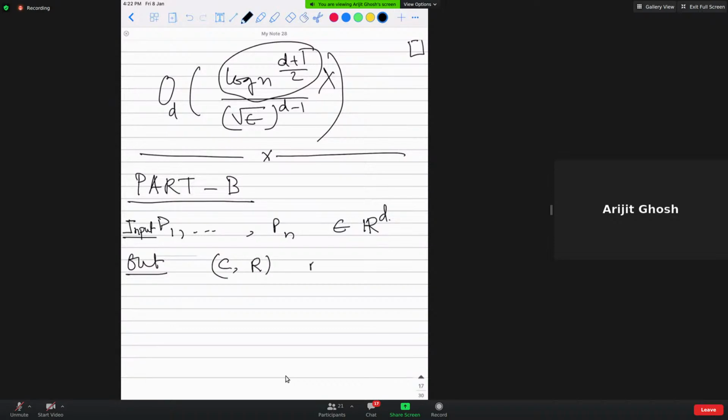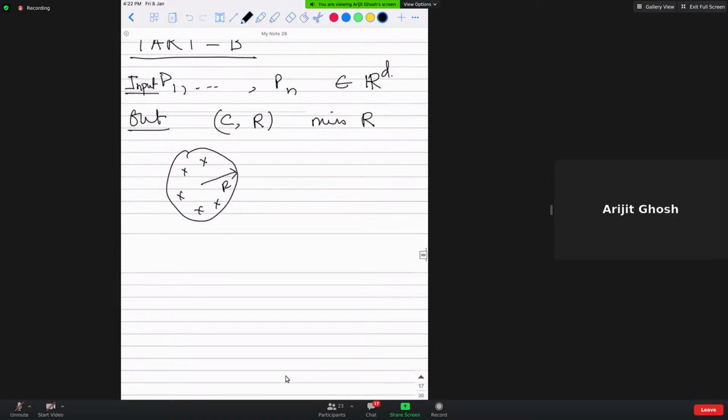You have to minimize the value of R, such that if I draw a ball of radius R around the center, all your points are inside. You want to find a particular center that minimizes this value of R for containing all the points. So that is the problem.